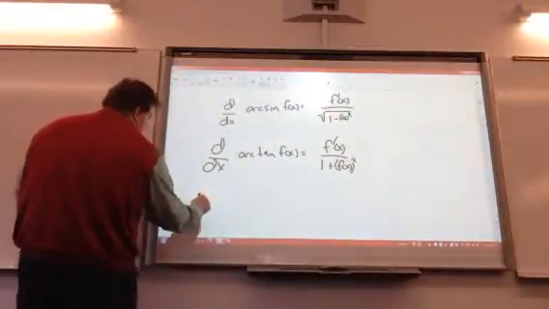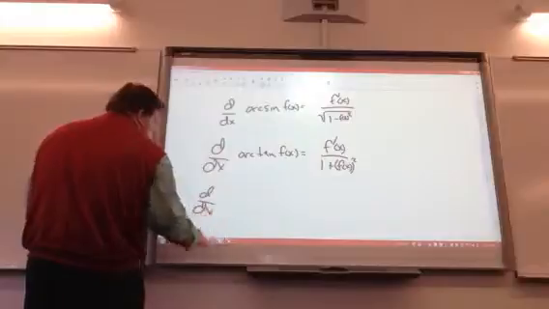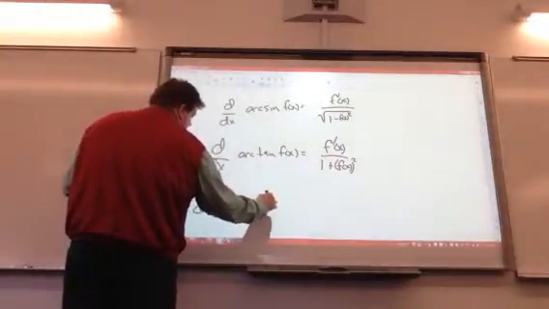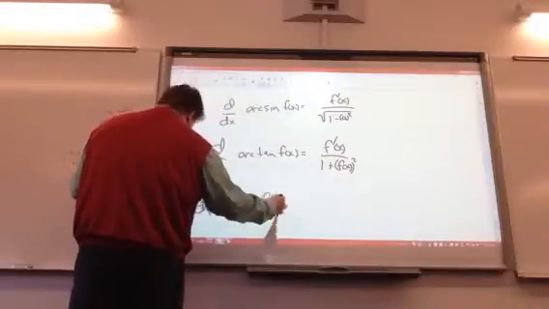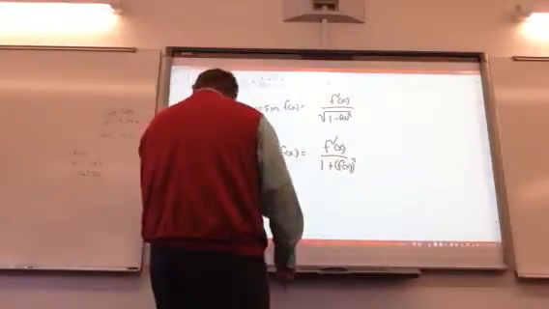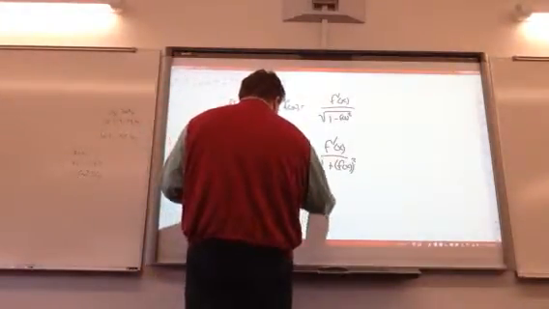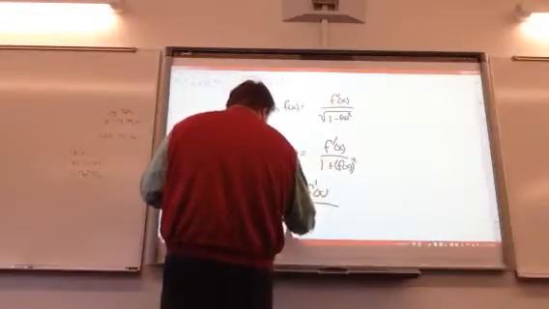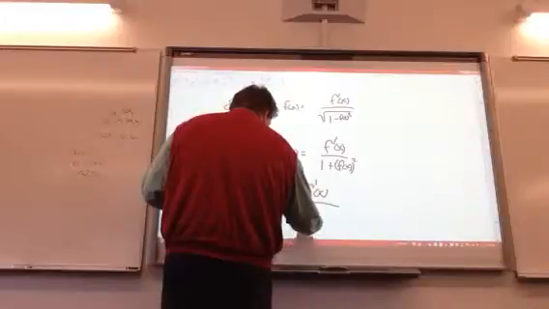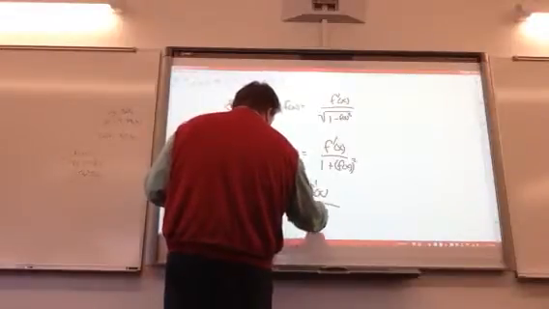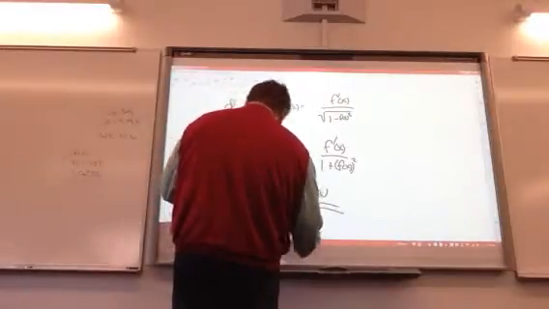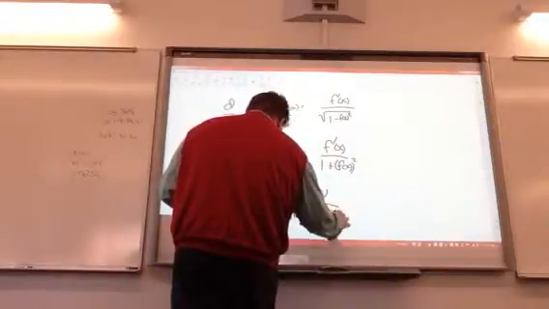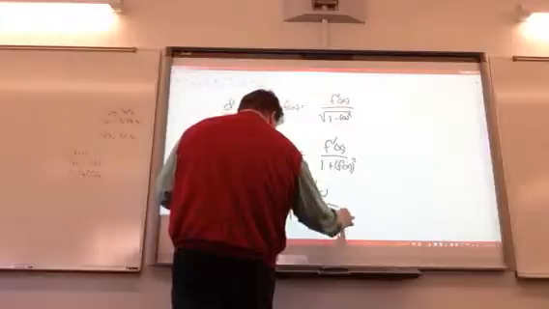And finally, the derivative with respect to x of the arcsecant of f of x is equal to the derivative of f of x over the absolute value of f of x times the square root of f of x squared minus 1.